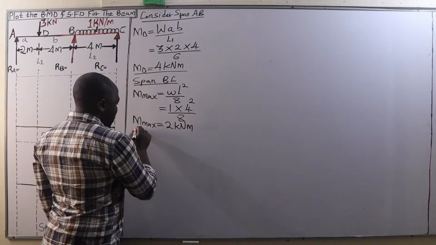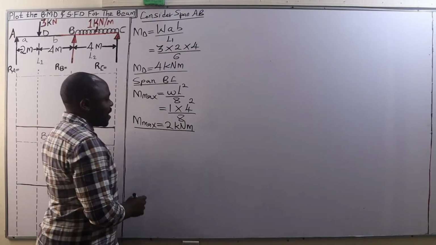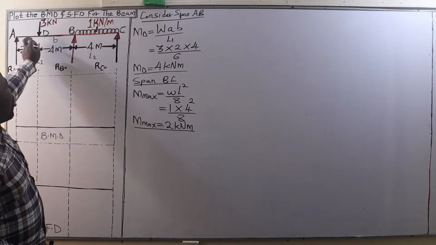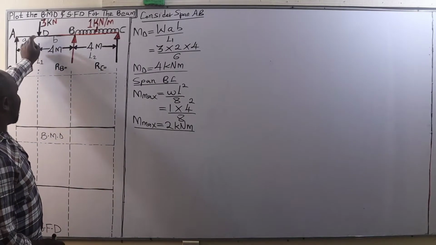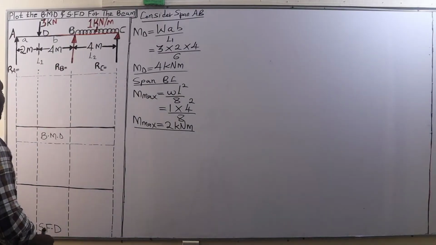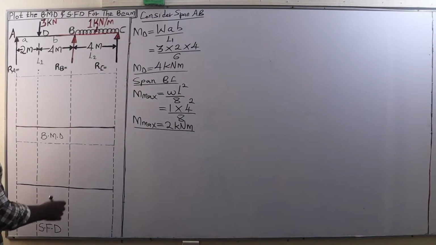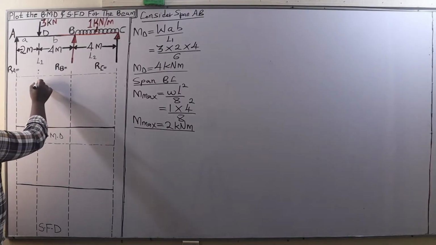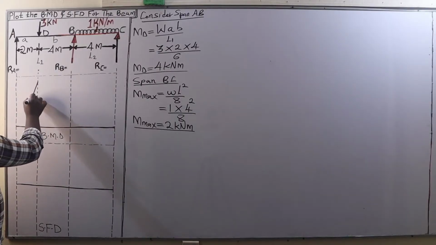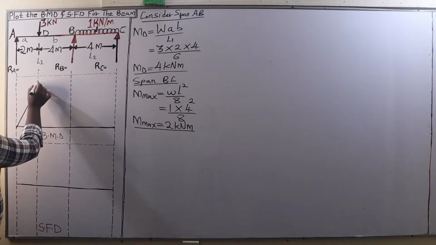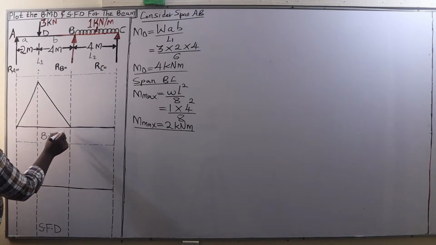Then after that, we are going to plot the bending moment due to vertical loads, that is due to the 3 kilonewton load and due to the 1 kilonewton per meter UDL. At D, we have a bending moment of 4 kilonewton meter. We approximate it at that point, and then we join it to B like that.